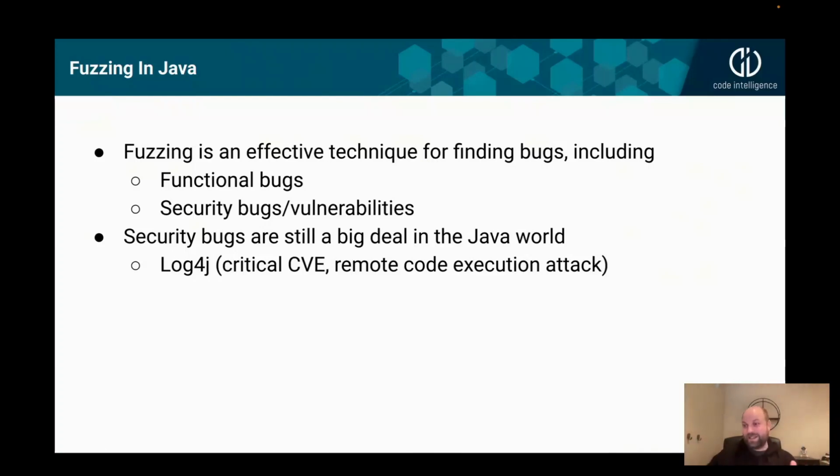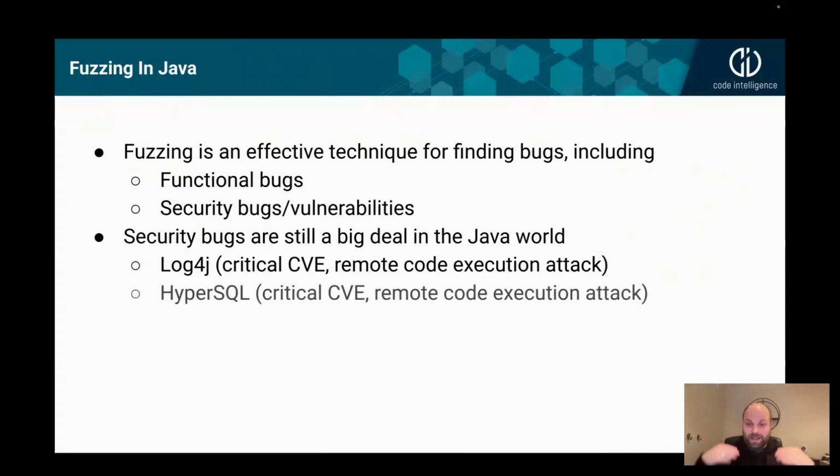Log4j is as old as the hills. It's a logger in Java. From my experience, I've worked on a few different Java code bases, and Log4j just ends up in there. It's one of those dependencies that's always around. Despite all this, it still produced a recent, very severe remote code execution CVE.